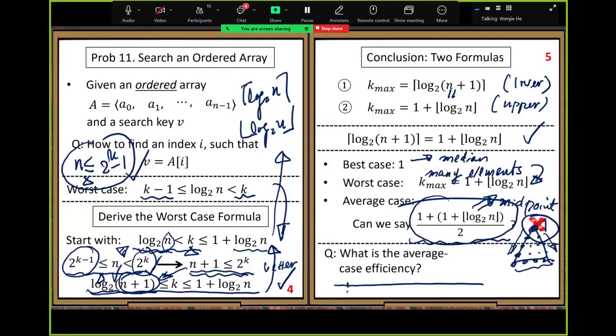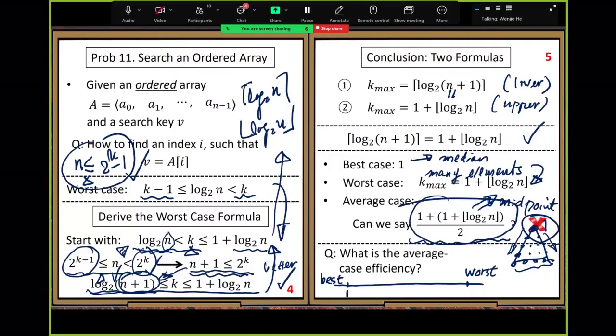This is the best case, one comparison. This is the worst case, because for the worst case we need the maximum number of comparisons.